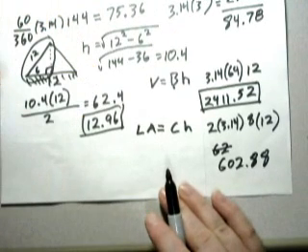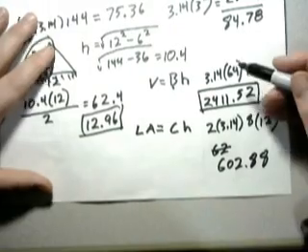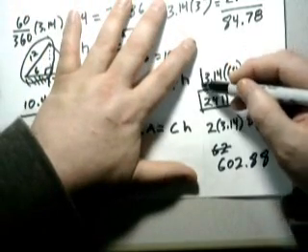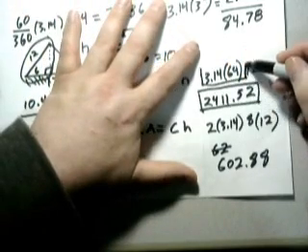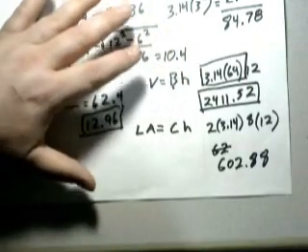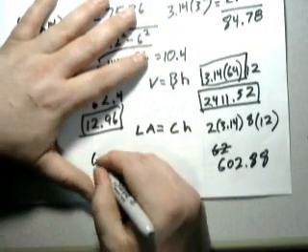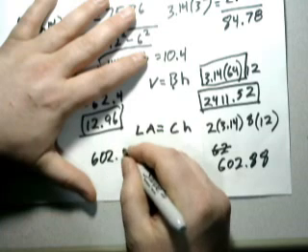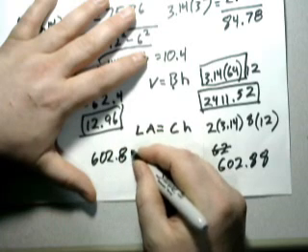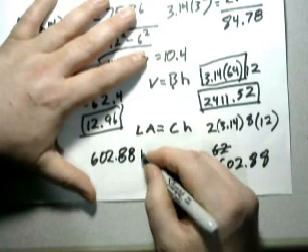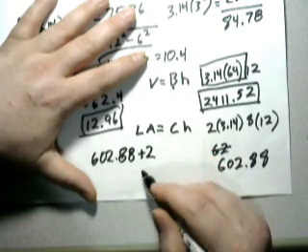So the surface area is the lateral area plus 2 times the base. Well, we already know that the base is this part right here. So I can take 602.88 and add to that 2 times the base.